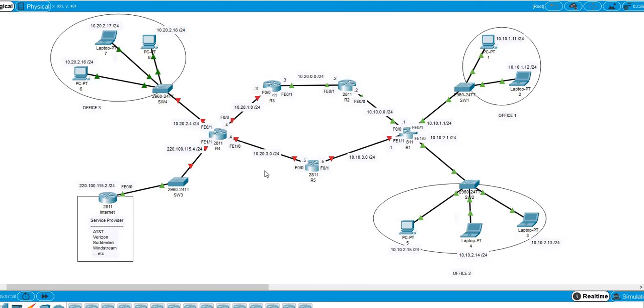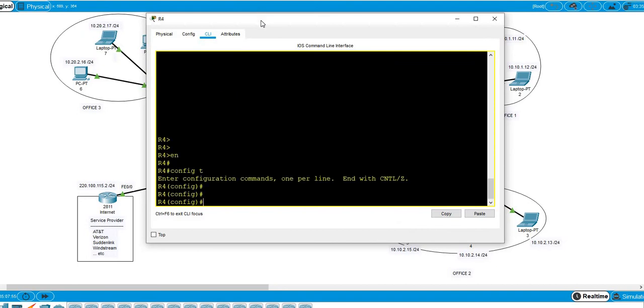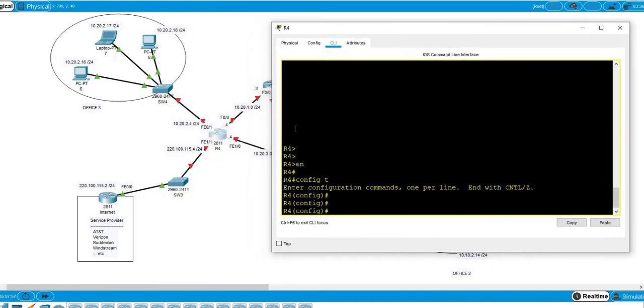Okay. Now let's configure R4. R4 has 4 subnets. One towards Office 3, this one towards R3, and this one towards R5, and then that one towards the public domain, the internet service provider. However, we're going to configure just these 3 for now.